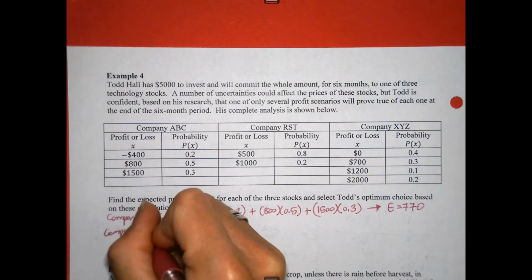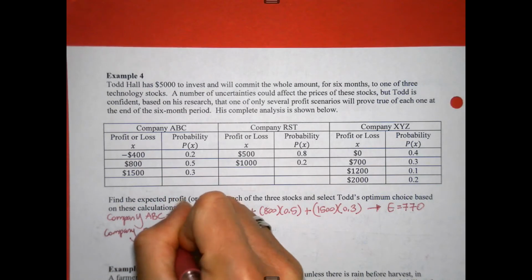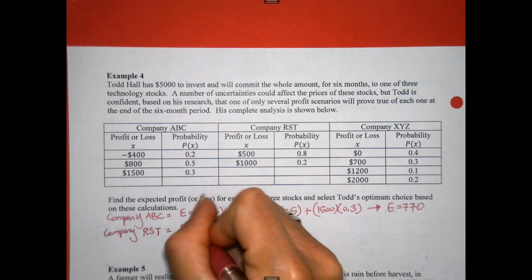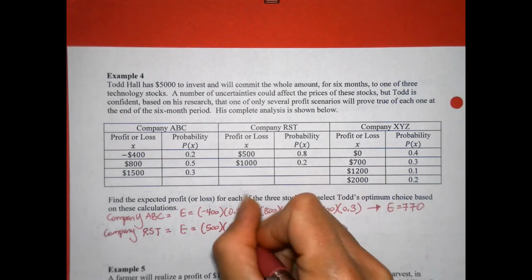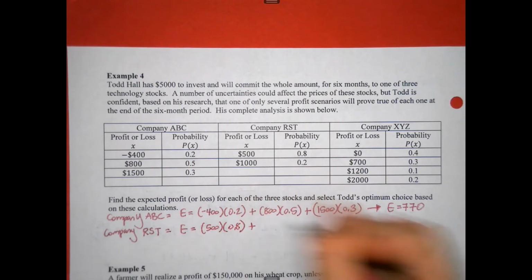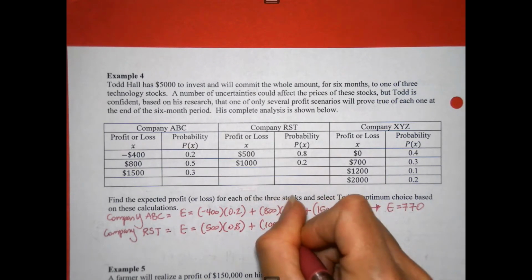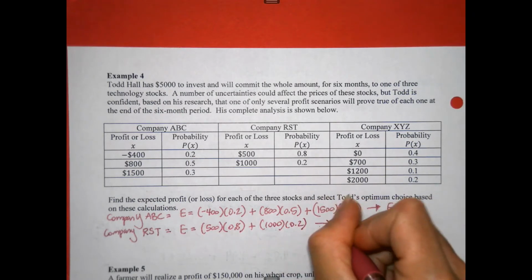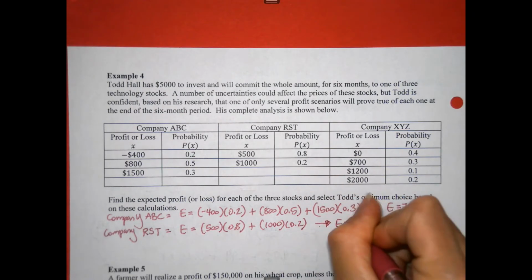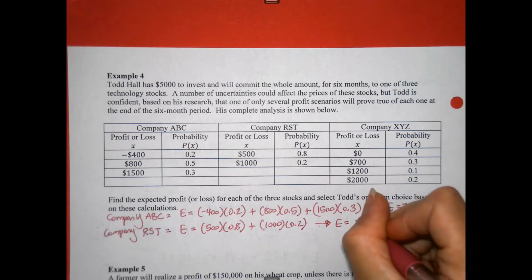Company RST has an expected value of $500 times 0.8 plus $1,000 times 0.2. The expected value, therefore, is 600.